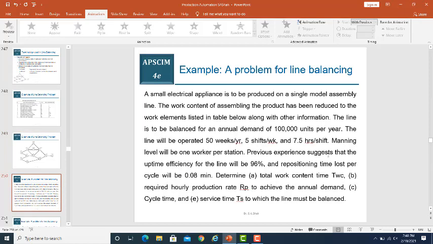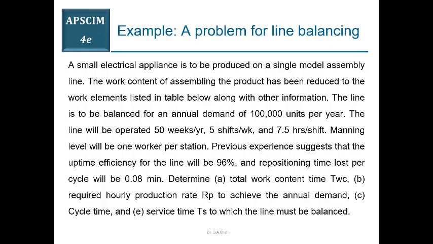And this is the problem statement with that particular table, which gives you the necessary data, like the annual demand or available time, and on that basis you have to find the performance measures. So let me start the presentation.